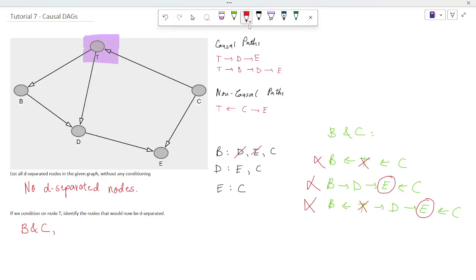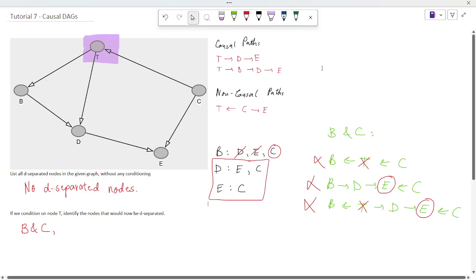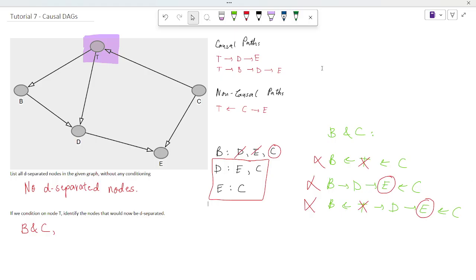Okay, we're going to be moving on from this. I'm going to leave this working over here for now. And now I will give you guys a few seconds to check all of these remaining nodes as well. Just remember कि हमने T पे condition किया हुआ है.